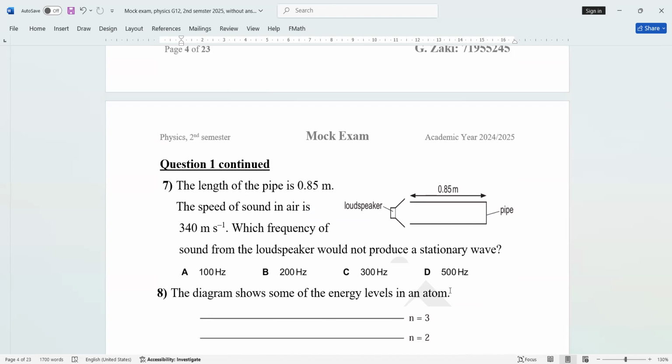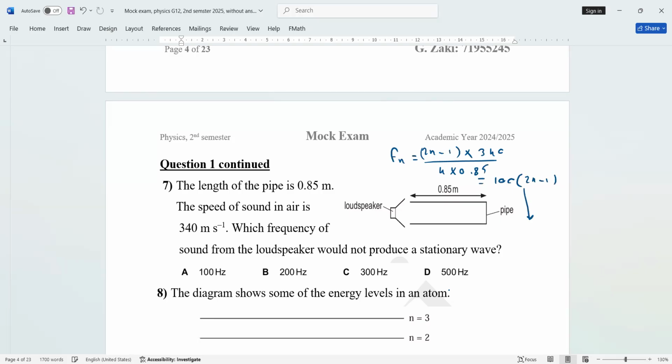Number 7, I will give you here. Fn equals (2n minus 1) multiplied by the speed of sound, 340, over 4L, which is 0.85. The answer will be 100 multiplied by (2n minus 1).